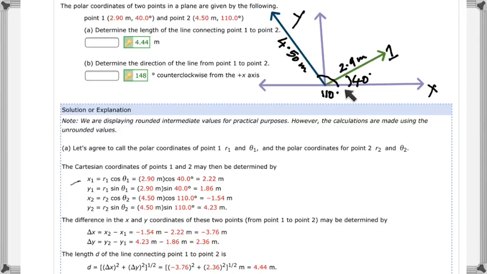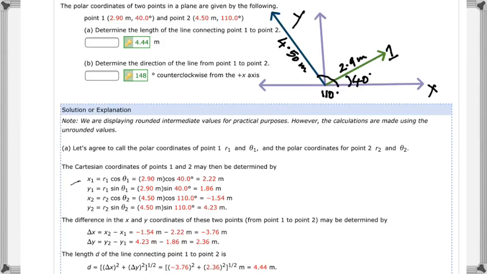Because you're looking for this side now, 2.9 cosine 40. And then the y component is 2.9 sine 40. Do the same for the other vector, but remember that when you take the x component, that's going to be negative. So that's why you have negative 1.54. And then the y component is, of course, positive.